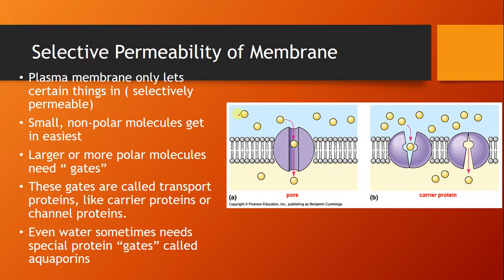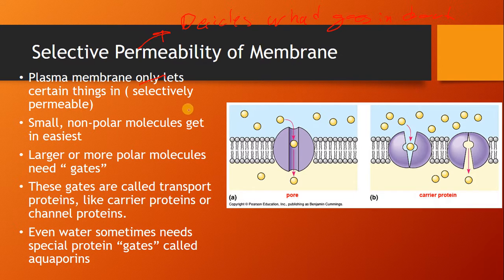Right. The most important feature of the plasma membrane is that it's selectively permeable. It decides what goes in and out. So it only lets certain things in.